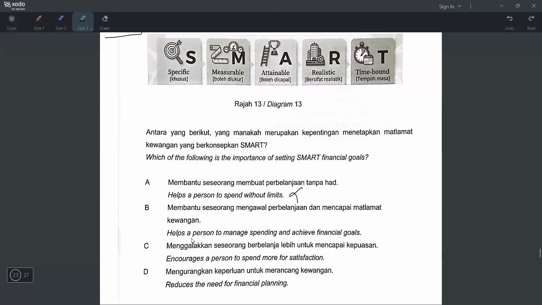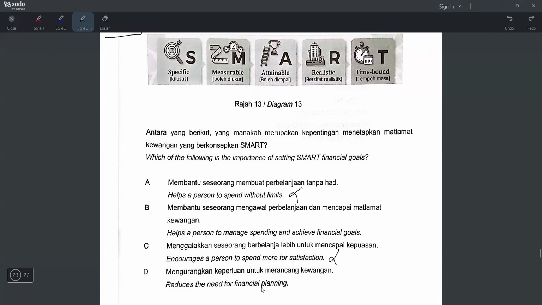B, helps a person to manage spending and achieve financial goals. Okay, this actually makes sense, right? C, encourage a person to spend more for satisfaction. For satisfaction, no. You don't spend for satisfaction. You spend for having enough money to achieve your goals. Yeah, for financial goals.